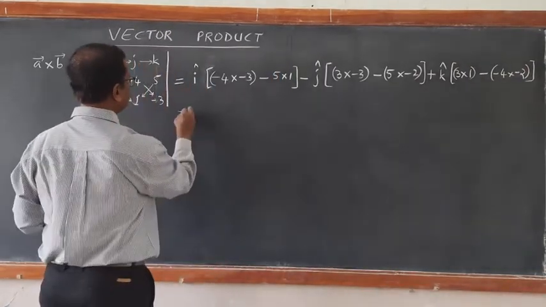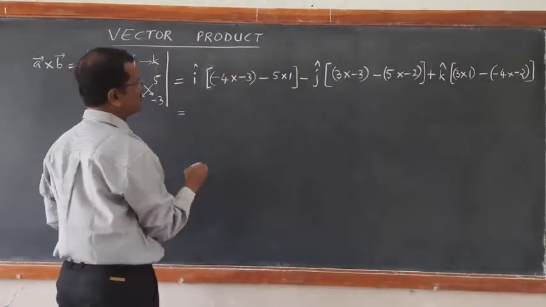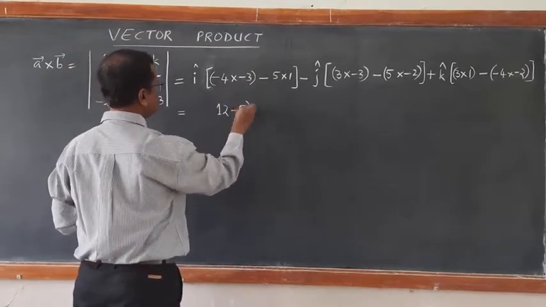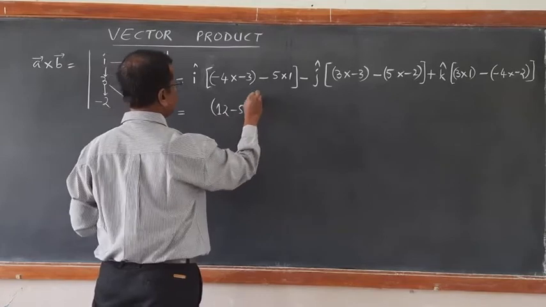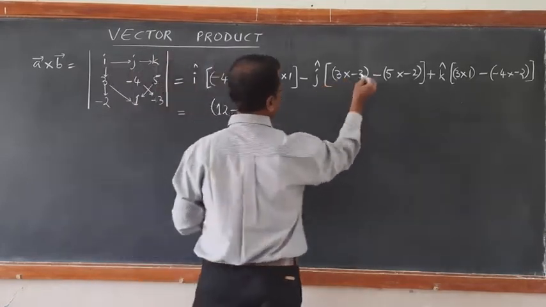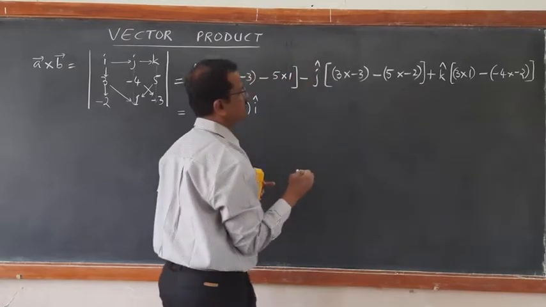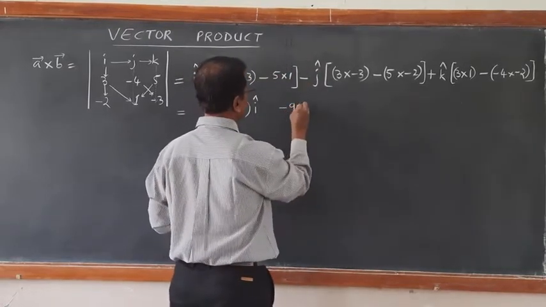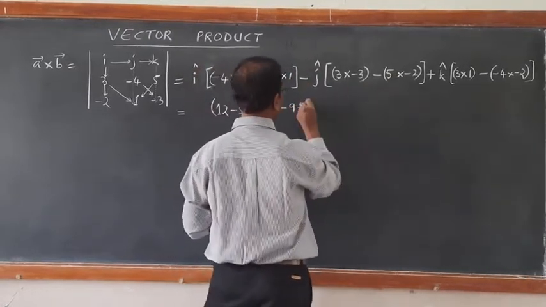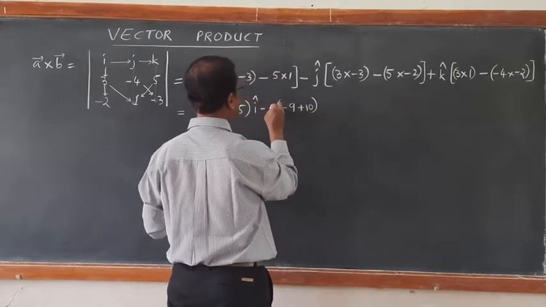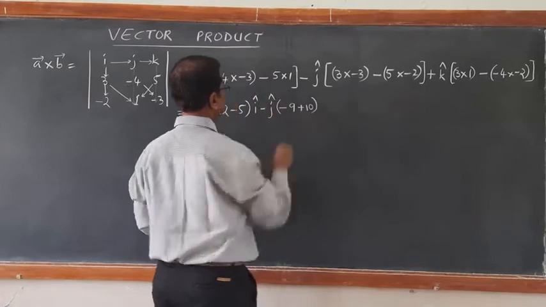Now if you simplify, minus 4 minus 3 becomes plus 12. 12 minus 5 i. 3 3s are 9, minus 9. Minus of minus plus, minus 9 plus 10. Minus j.